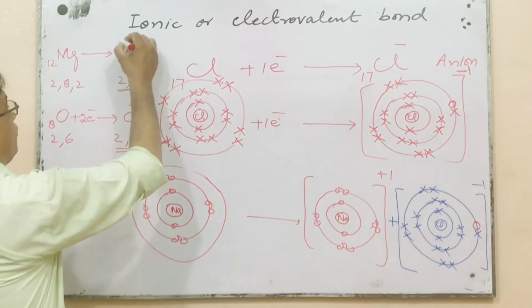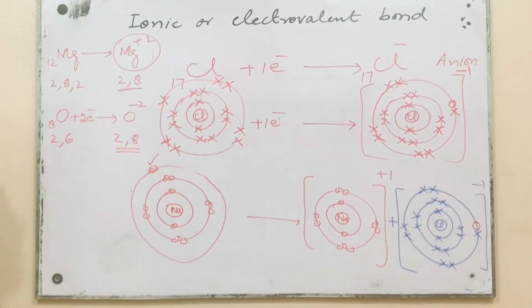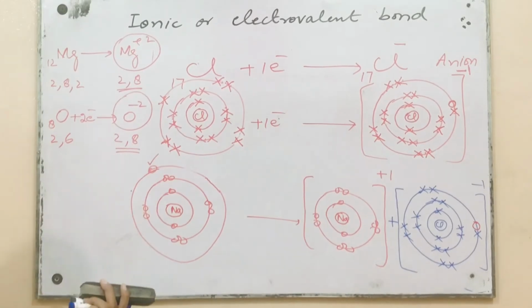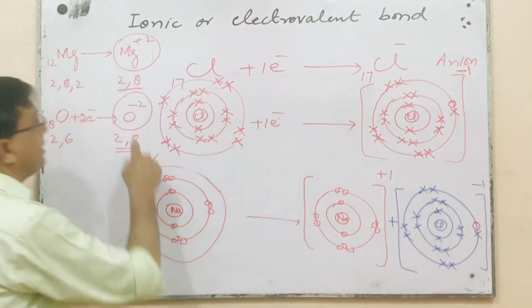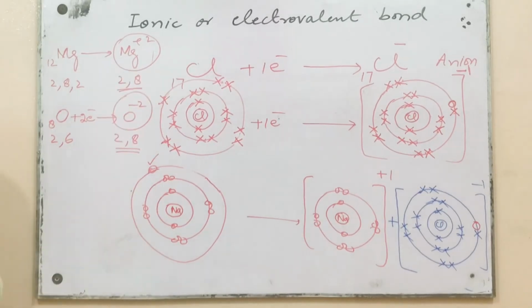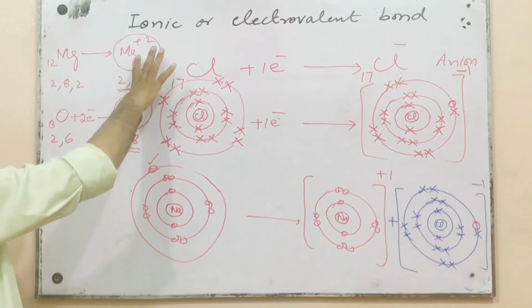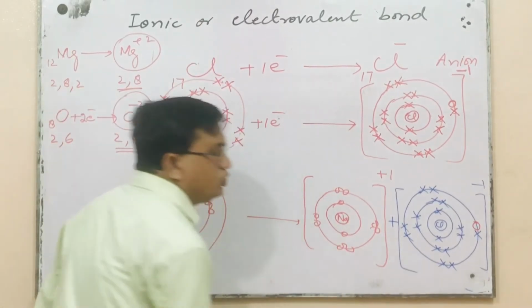So the force of attraction between magnesium ion and oxide ion, as the charges have become doubled as compared to sodium chloride, will be much stronger as compared to sodium chloride.